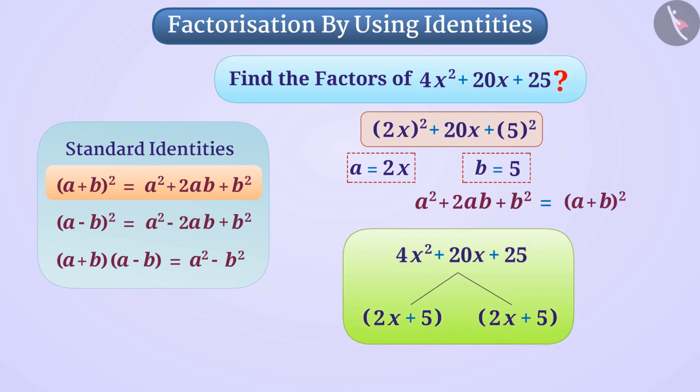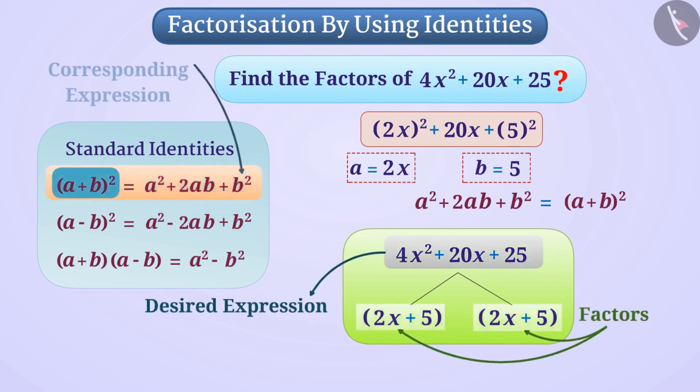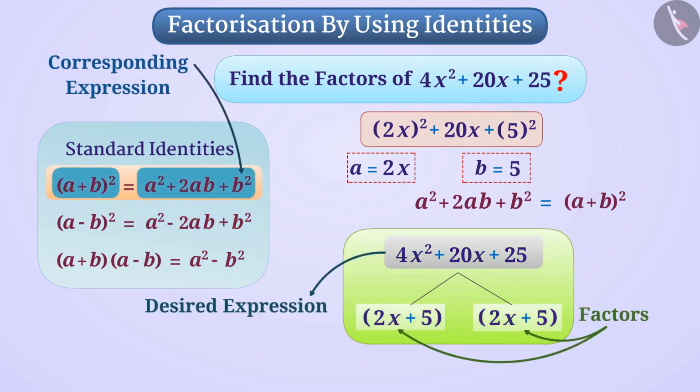In this way, to factorize an expression, first we find the identity which has its right side similar to the expression. Then, we find the factors of the desired expression from the corresponding expression on the left side of that standard identity.